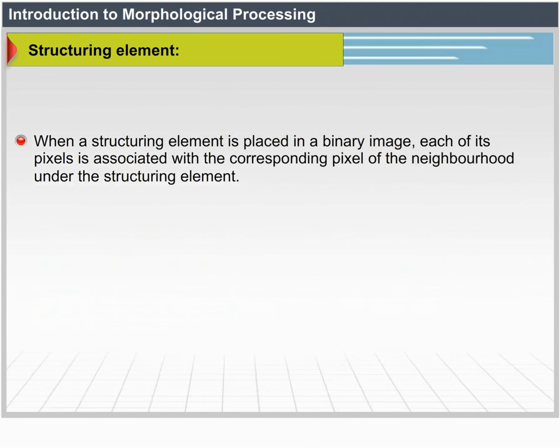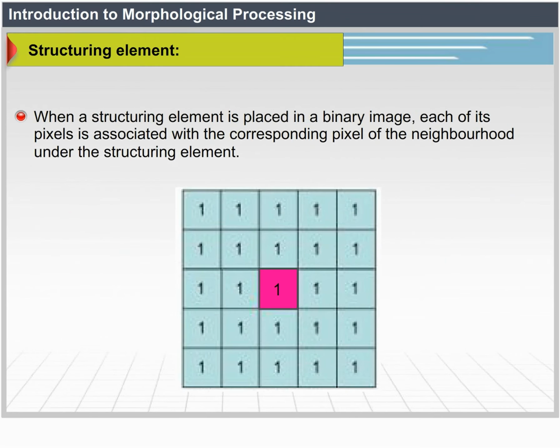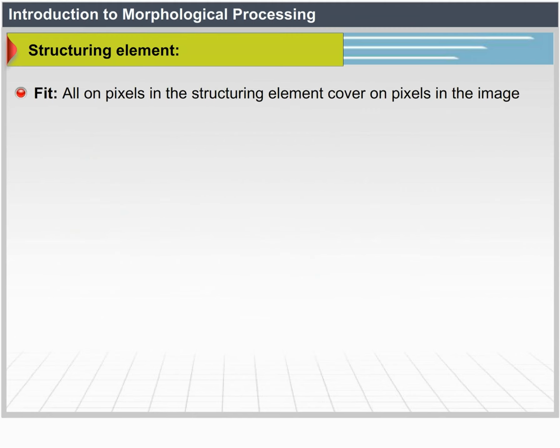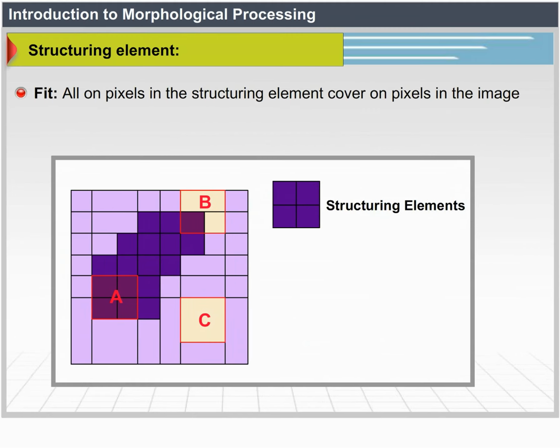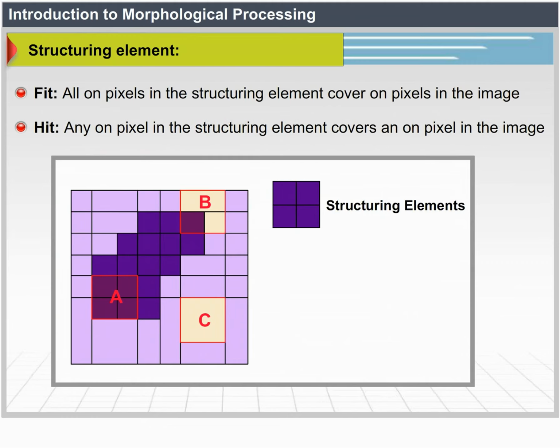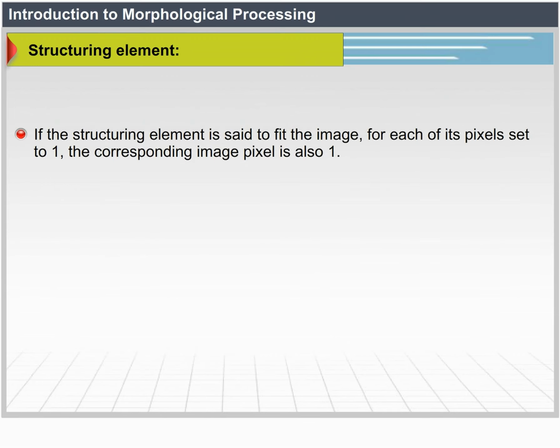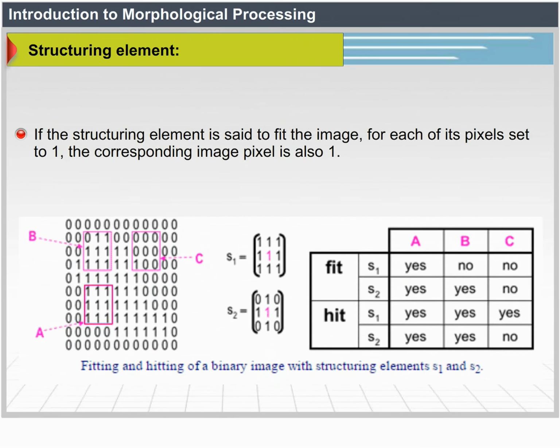When a structuring element is placed in a binary image, each of its pixels is associated with the corresponding pixel of the neighborhood under the structuring element. Fit: all on pixels in the structuring element cover on pixels in the image. Hit: any on pixel in the structuring element covers an on pixel in the image. The structuring element is set to fit the image if for each of its pixels set to 1, the corresponding image pixel is also 1.